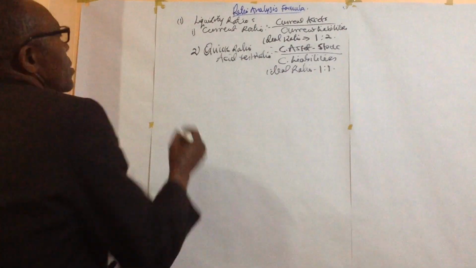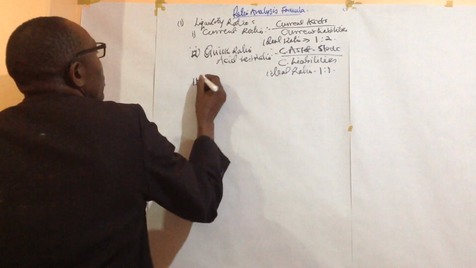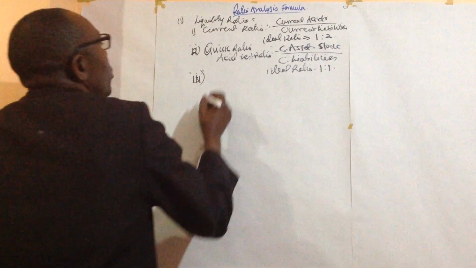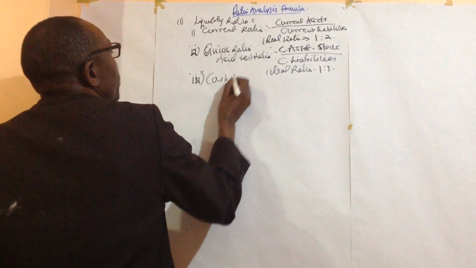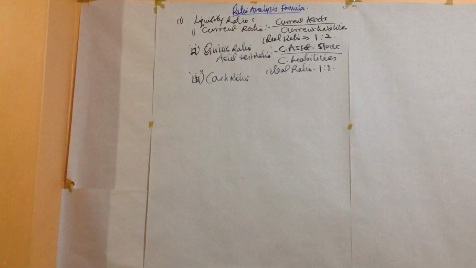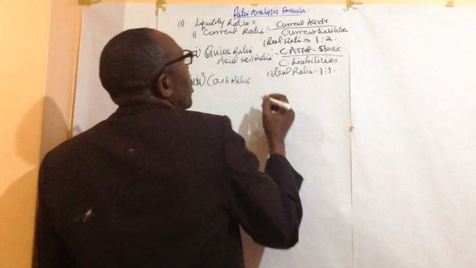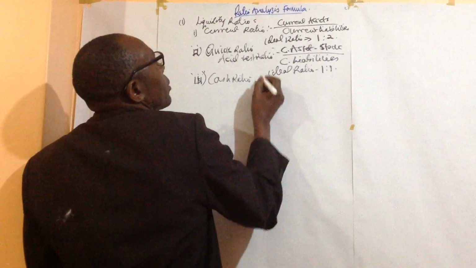The third one under this is the cash ratio. And here we're talking of the real liquidity ratio.